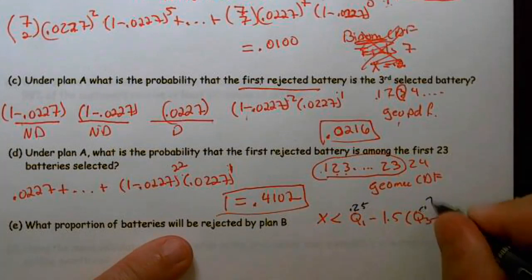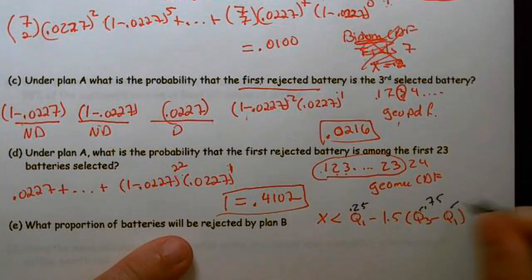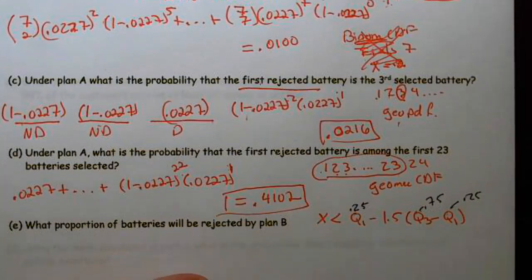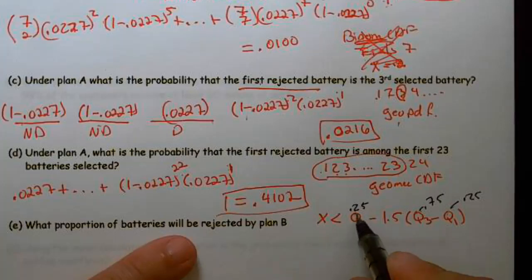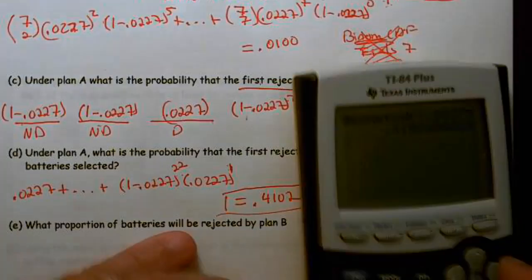Q3 is at the 75th percentile. And Q1, again, is at the 25th percentile. Well, one of the things I have a problem with is I don't know what Q1 and Q2 and Q3 are, but anytime they give me an area, I can calculate a z-score. So because they gave me an area, I can calculate a z-score.